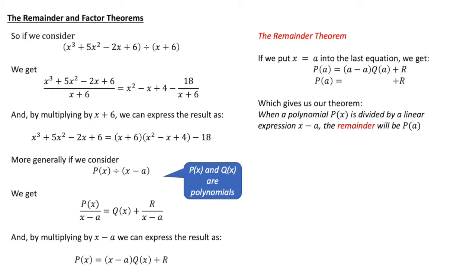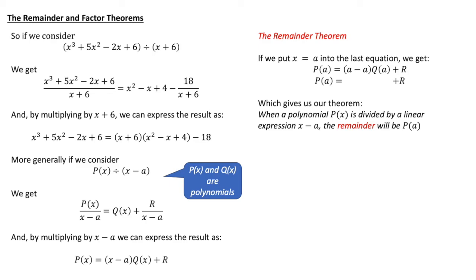If you remember that in the derivation of it, it works because if you look above, where we have the line p of a equals a minus a, it's because that came from putting a into x minus a that we end up with 0, and therefore we can get rid of q of a altogether. So that's a way of remembering that it's x minus a within the remainder theorem.